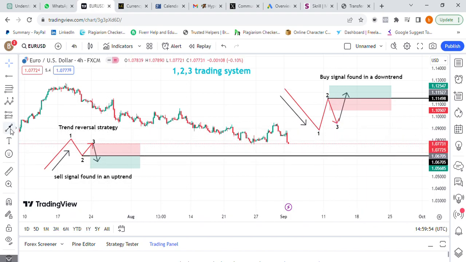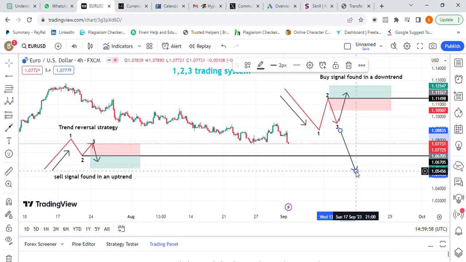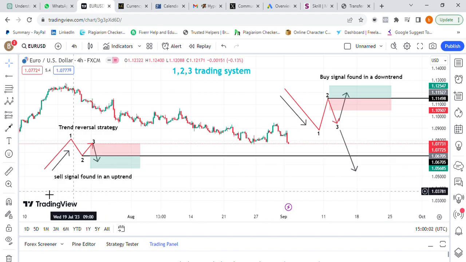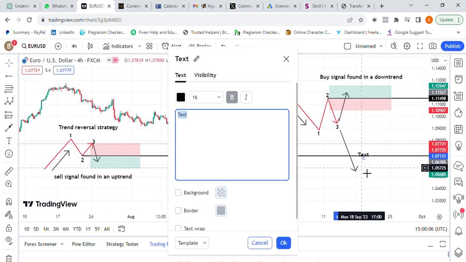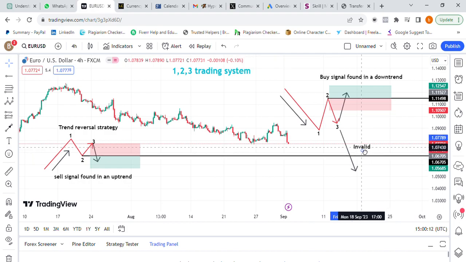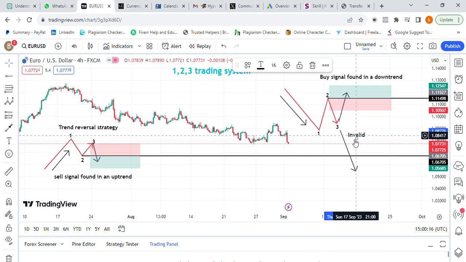Once it goes all the way down like this, it becomes invalid. It becomes invalid if it goes beyond this point here.